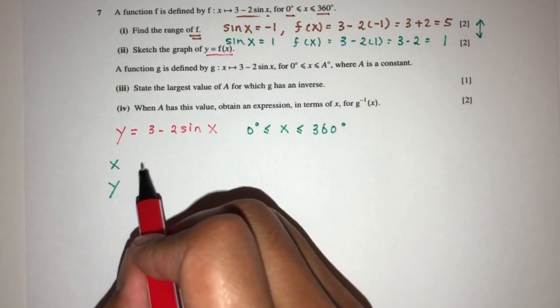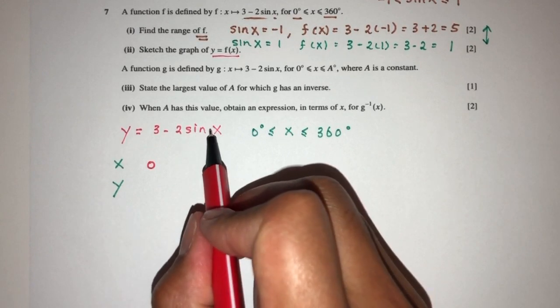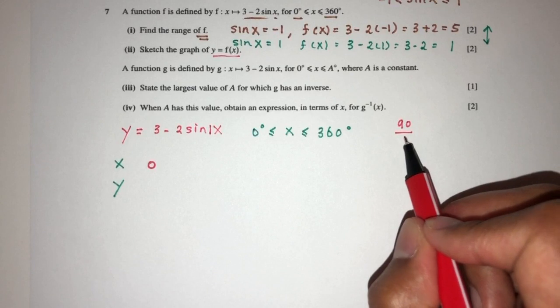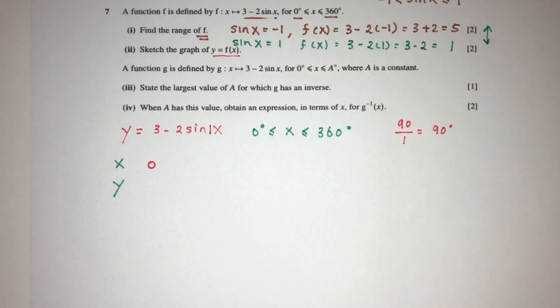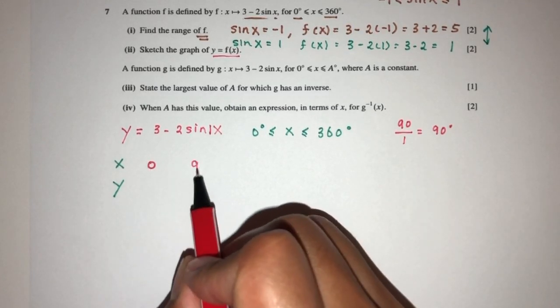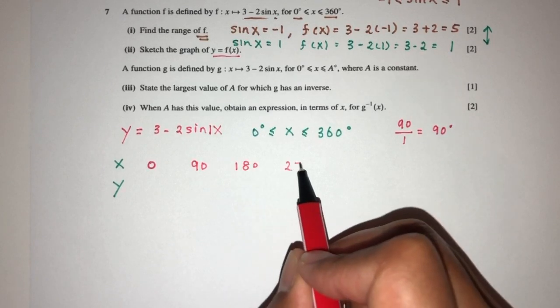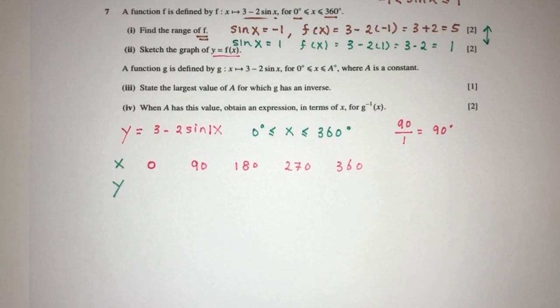So we begin with 0. Now what will the interval be? Because the coefficient here is 1, we take 90 divided by the coefficient, that will be 90. The reason I choose this is because I want to work with exact values. So that will be 0, 90, 180, 270, and finally 360.